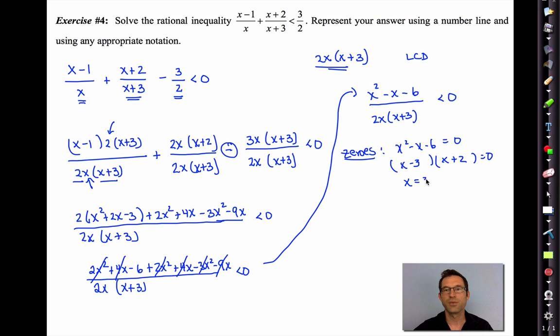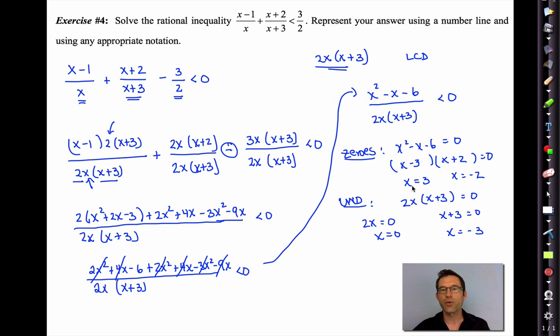And I'll get x equals 3 and x equals negative 2. All right, we also want to figure out where it's undefined, and that's going to be wherever 2x times x plus 3 is equal to 0. So that's going to give me 2x equals 0, and x plus 3 is equal to 0. X equals 0, and x equals negative 3.